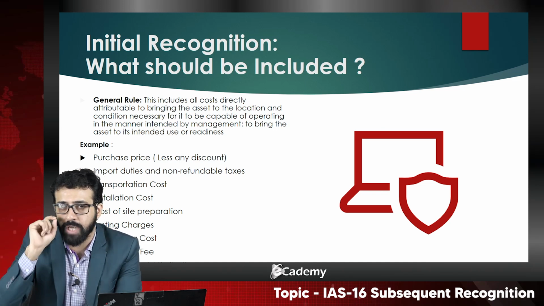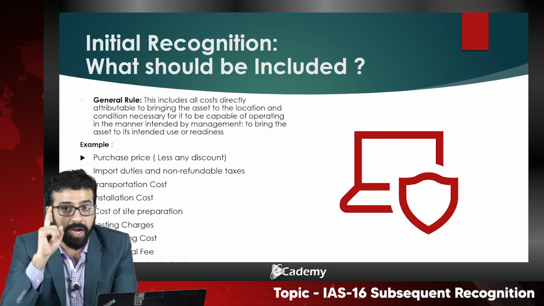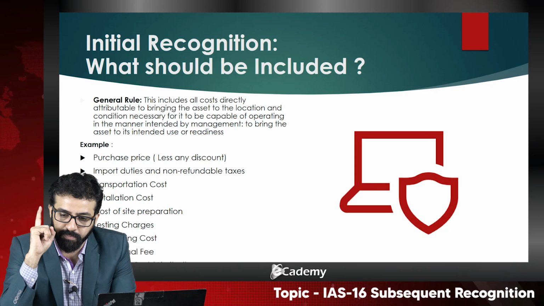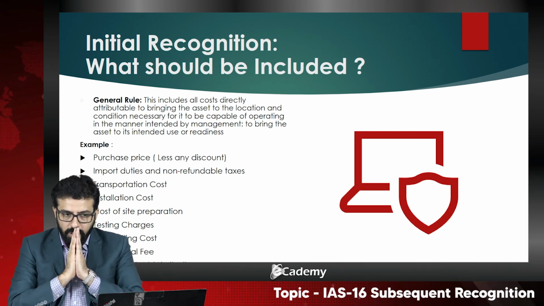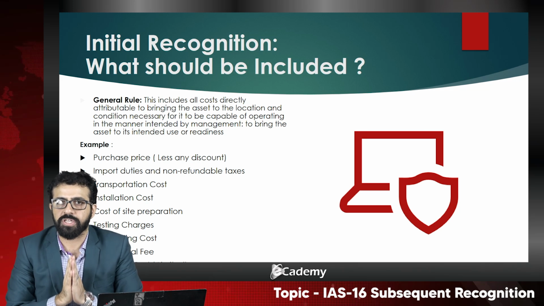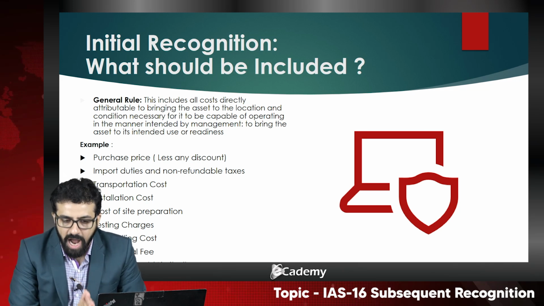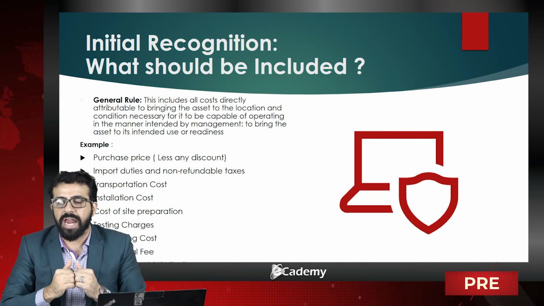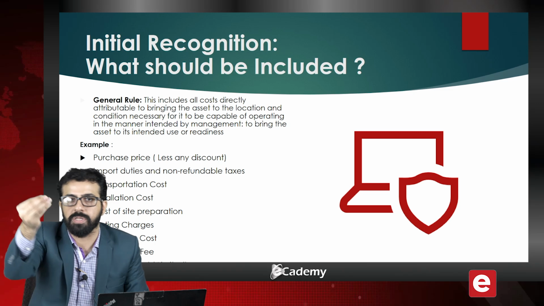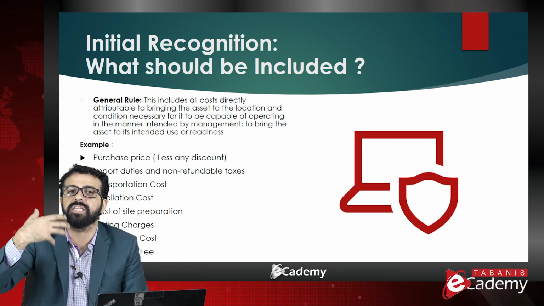So remember to keep in mind the fundamental definition of this inclusion of the cost: directly attributable, specific cost. Number one is purchase price. For example, if I purchase or import any property, the price paid from my pocket to the vendor would be the purchase price, less any discount.